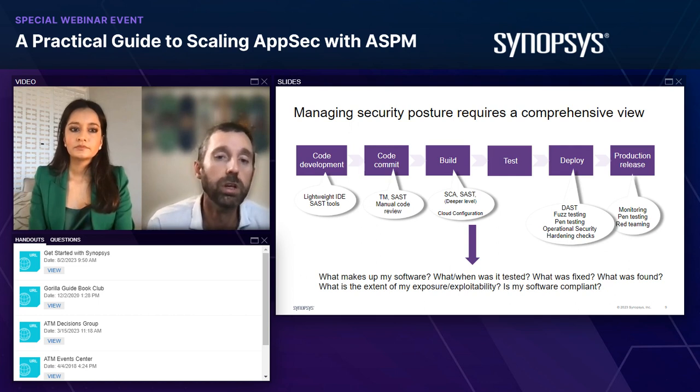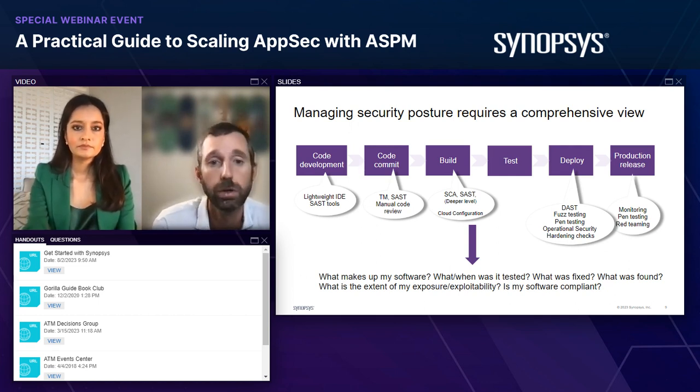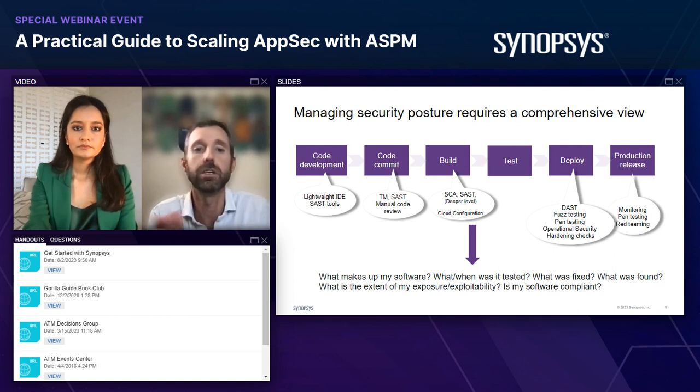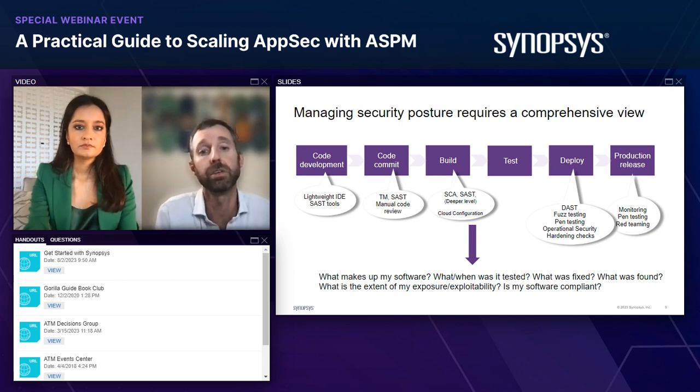So when we look at what makes up a software application and we have both the code, the libraries, the APIs, the containers, the configuration, you can start to see the number of tools that are required to find vulnerabilities in those methods and those phases. And that leads to the proliferation of tools and then leads to the necessity for normalization, policy, and consistent communication.